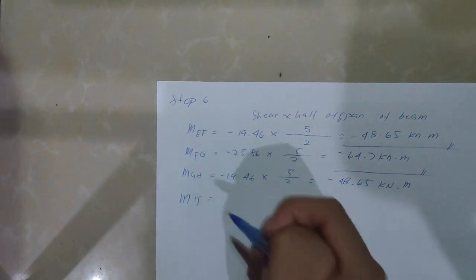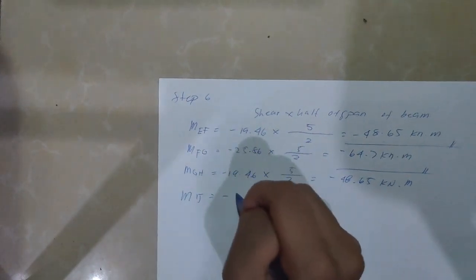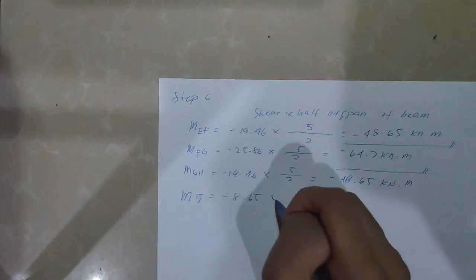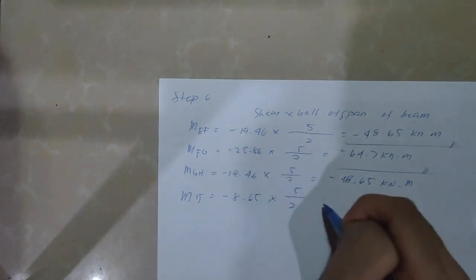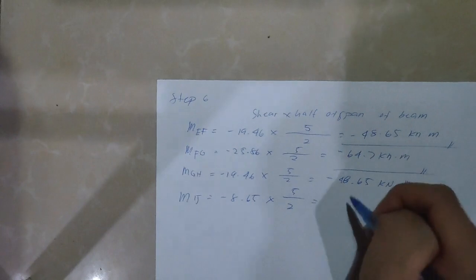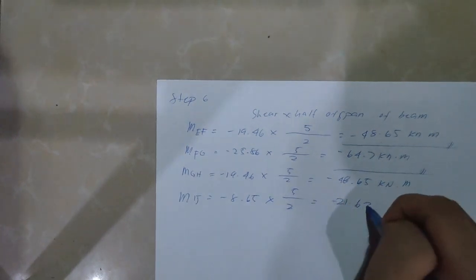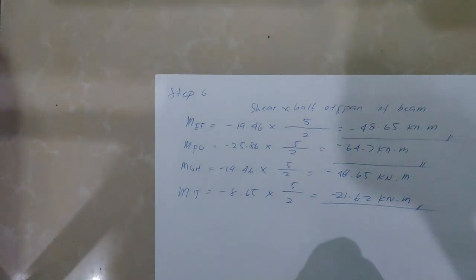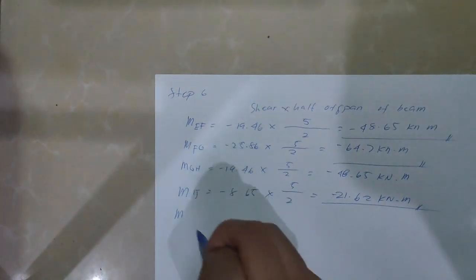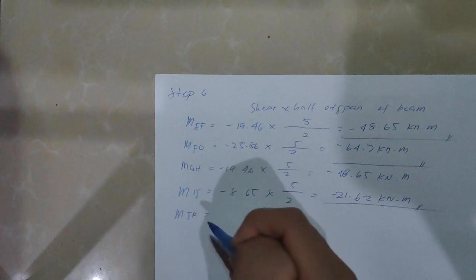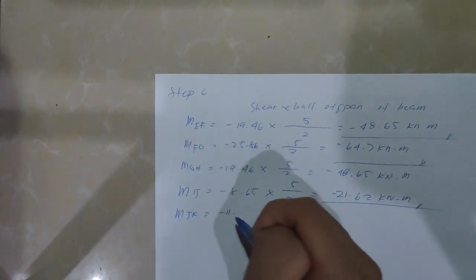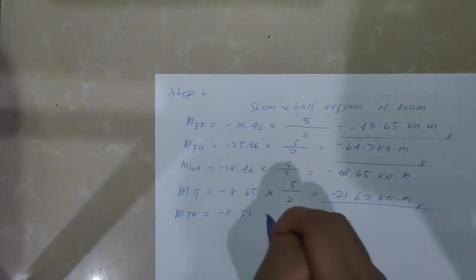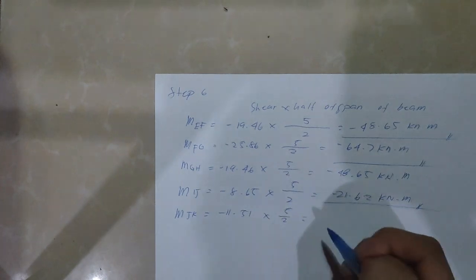So moment at IJ, negative 8.65 times half of the span, which is negative 21.62 kilonewton meter. So moment at JK is equal to negative 11.51 times 5 over 2.